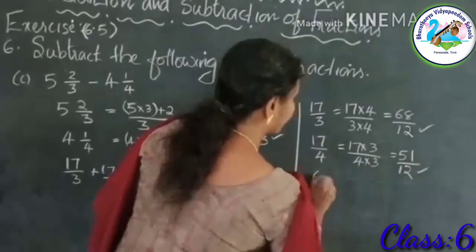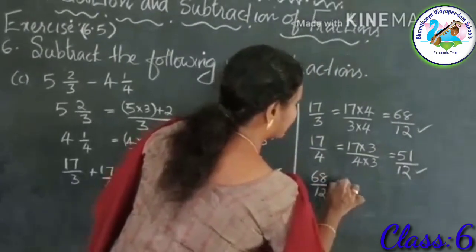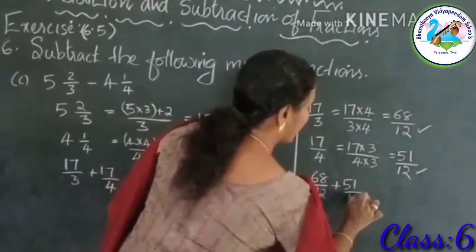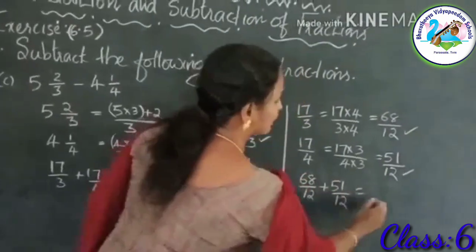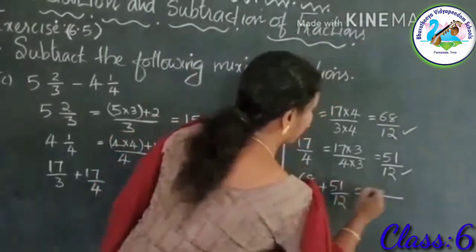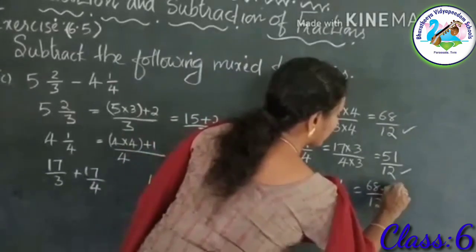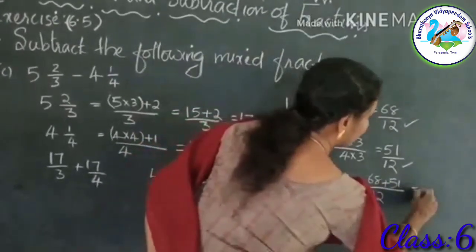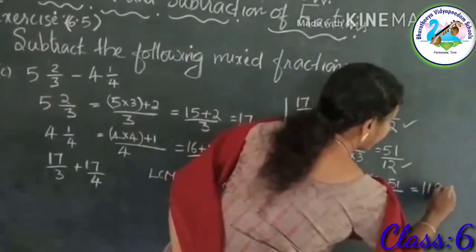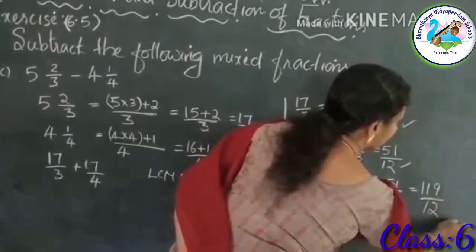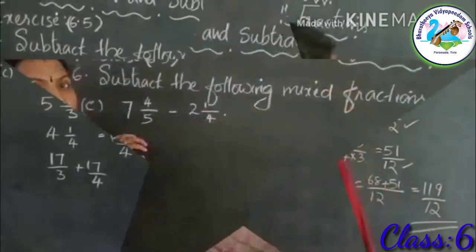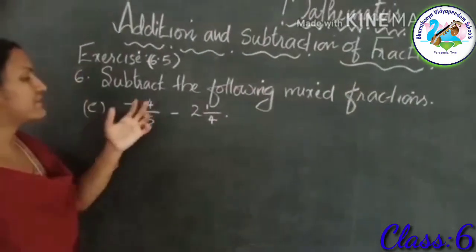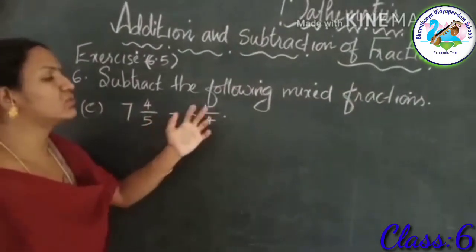Like, so 68 by 12 plus 51 by 12, add these two fractions, the common denominator 12, and the numerators 68 plus 51 divided by 12 is equal to 119 by 12.